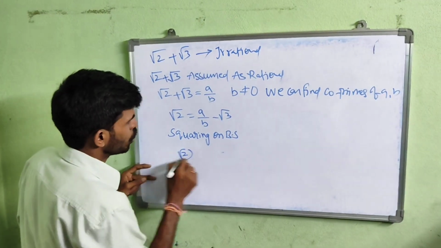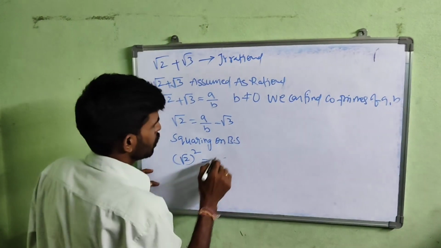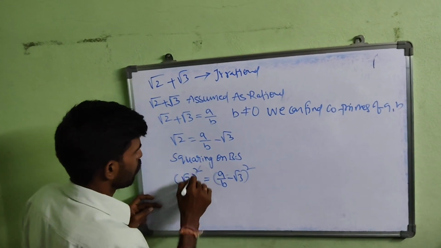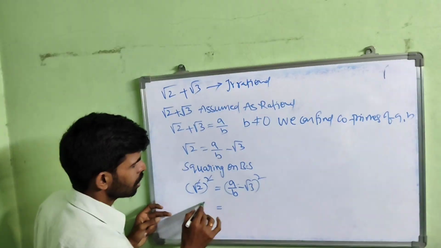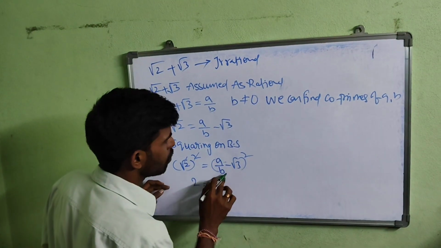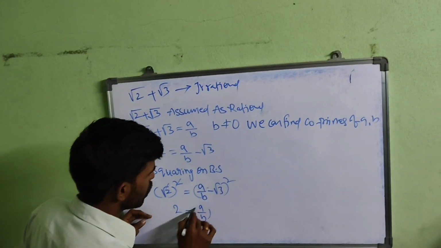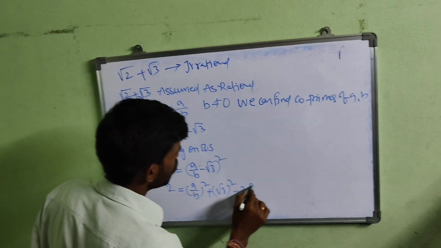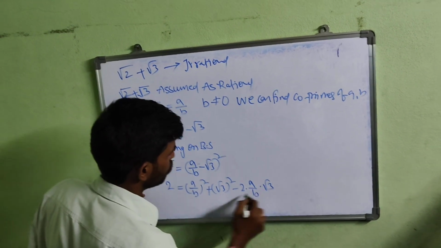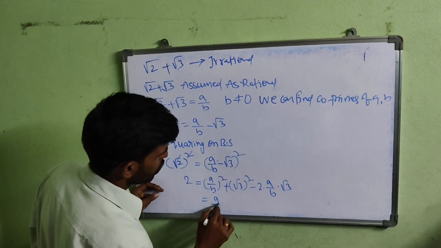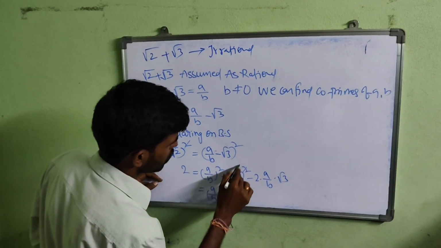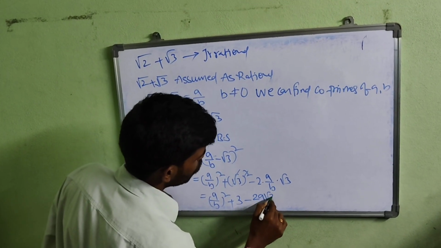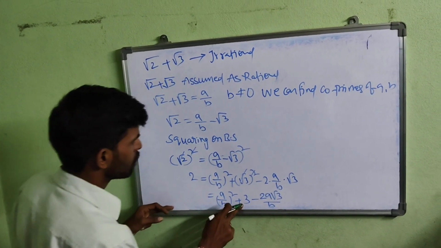Now, root 2 whole square equals a by b minus root 3 whole square. The root and square cancel, so 2 is remaining. On the right, a by b whole square, a square by b square, minus 2 into a into root 3 by b, plus 3.